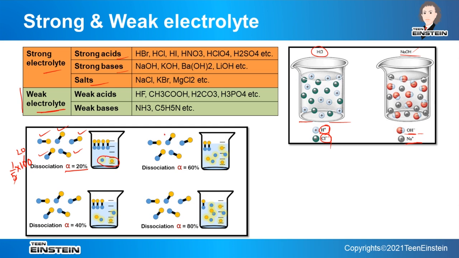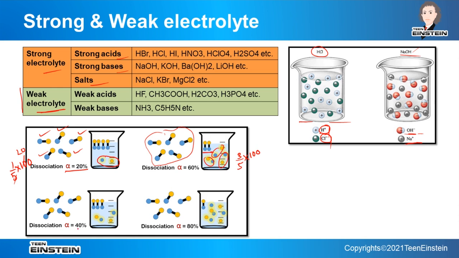Similarly, out of 5 molecules, here 2 are in undissociated form but 3 of them are dissociated. That means it is 3 by 5, so it will be 60%.